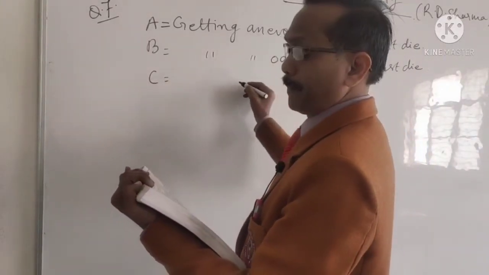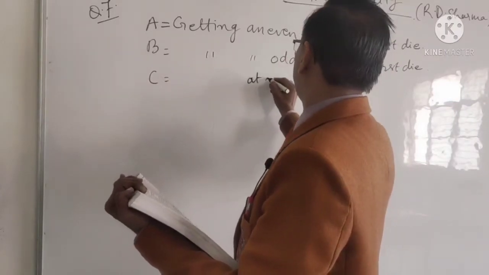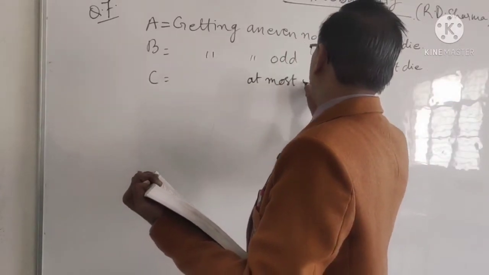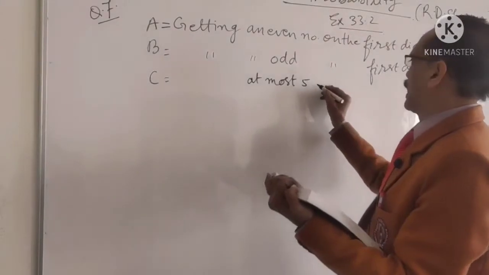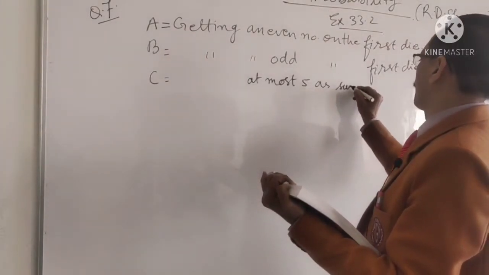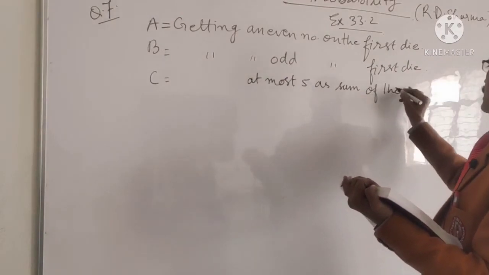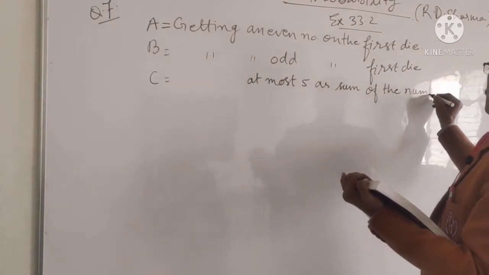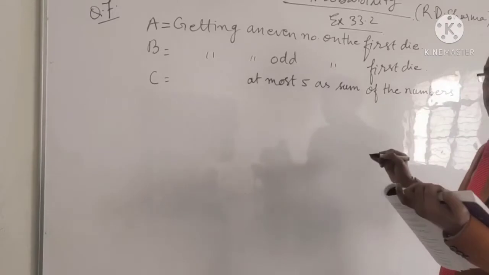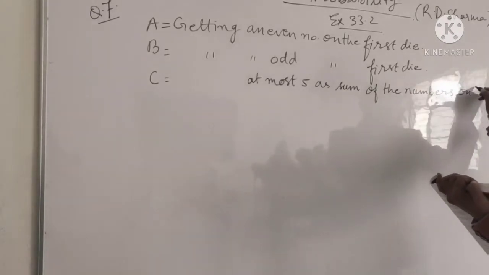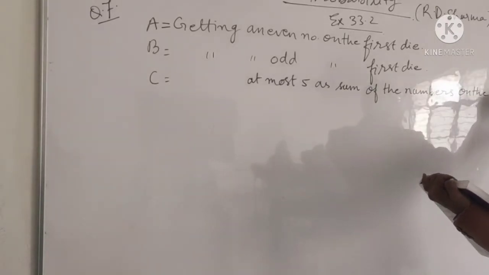Getting at most 5 as the sum of the numbers on the two dice.